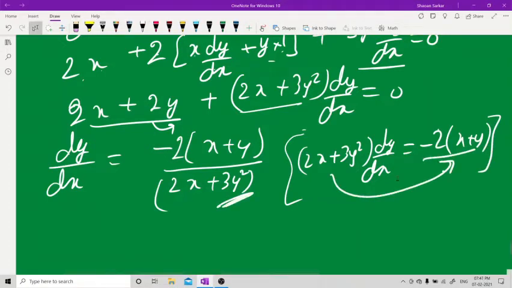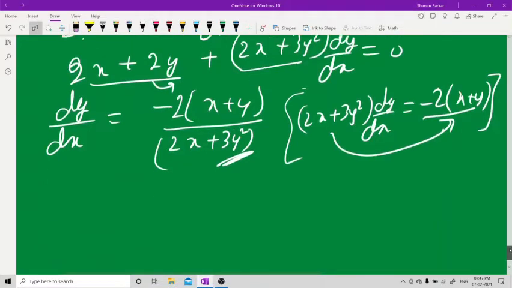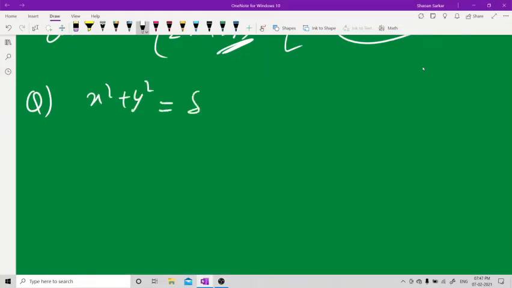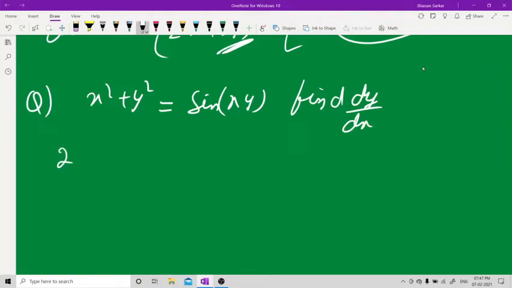Now in the next question, we'll do this type. Question: x square plus y square is equal to sine xy. Now find dy by dx. Now I'm doing it directly.